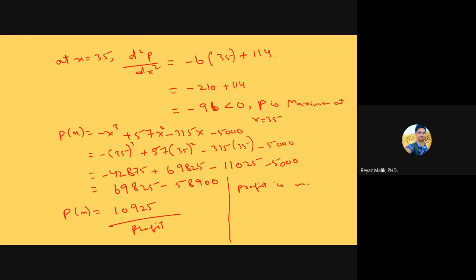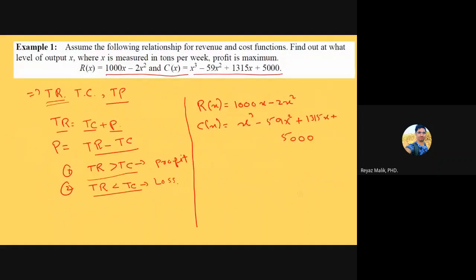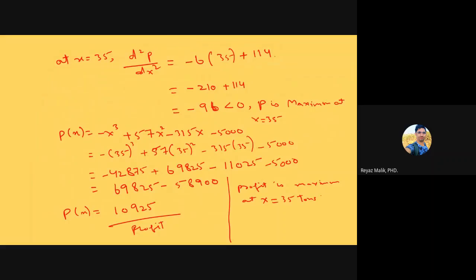Profit is maximum at x equals 35 tons per week, and profit will be equal to 10,925. After putting x as 35 tons per week of raw material, the profit will be 10,925. That is the final solution.